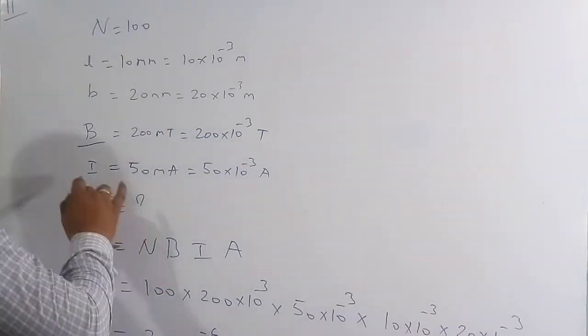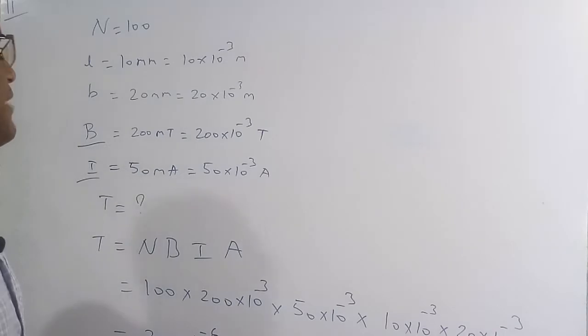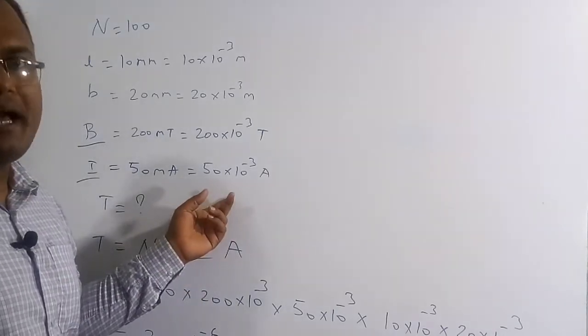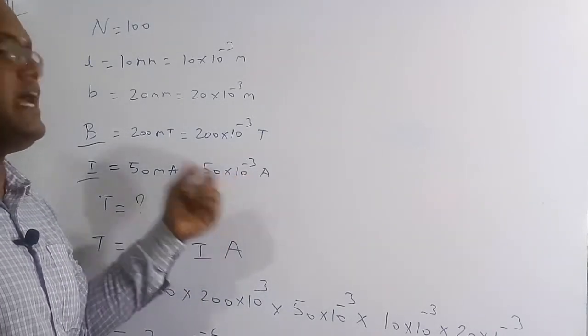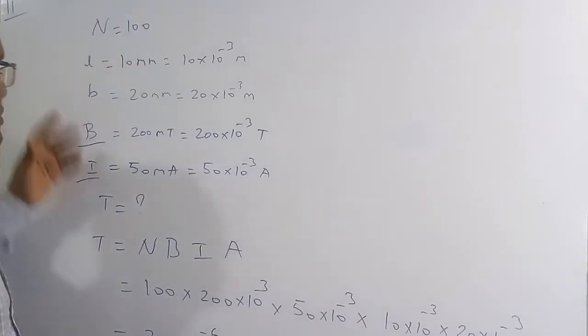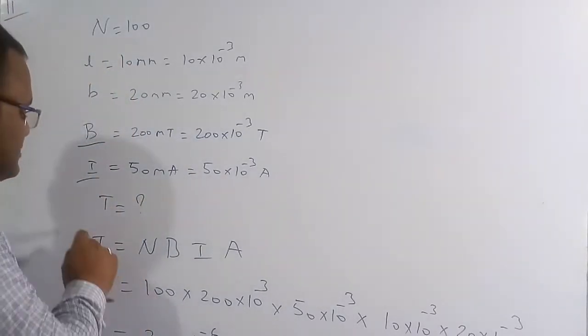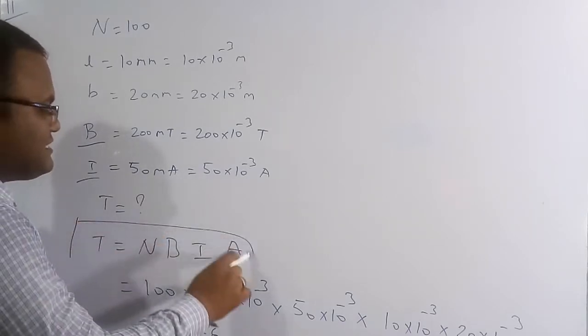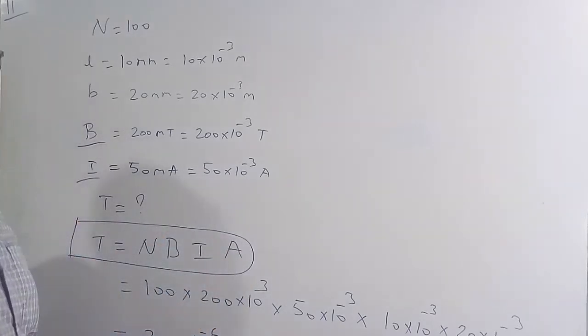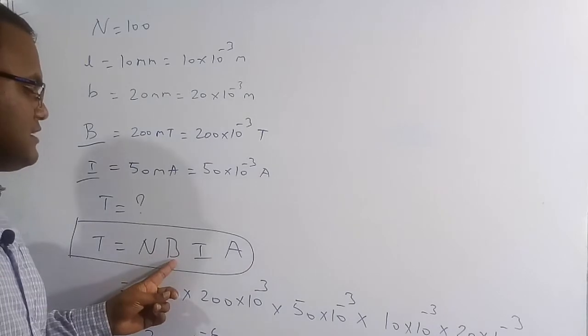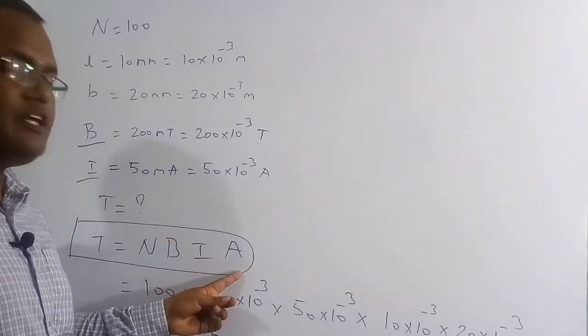Also the current in the coil is 50 milliampere. In terms of ampere, it is 50 into 10 to the power of minus 3 ampere. Based on this data, we need to find the torque produced on this coil. The basic formula for the PMMC is torque equals number of turns into flux density into current into area of the coil.